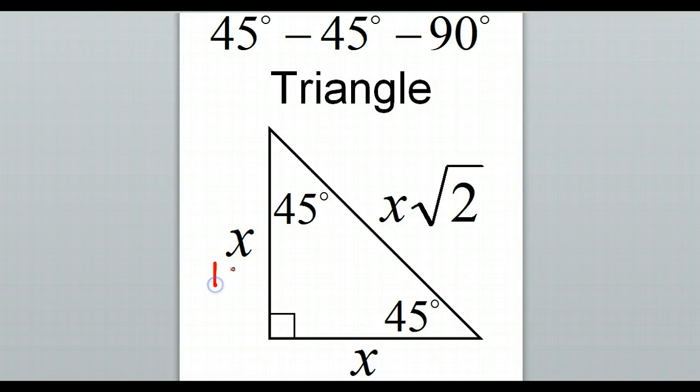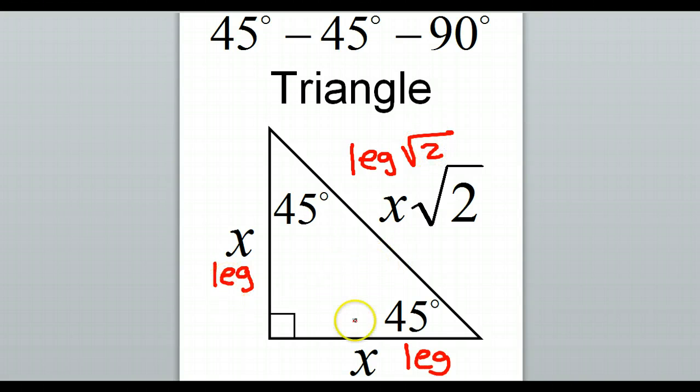Okay, so it's always going to be like this. We're going to have the leg, and those two will always be the same. And then the hypotenuse is always going to be leg, radical 2. So it's leg, leg, leg radical 2. That's how it goes for a 45, 45, 90 triangle.